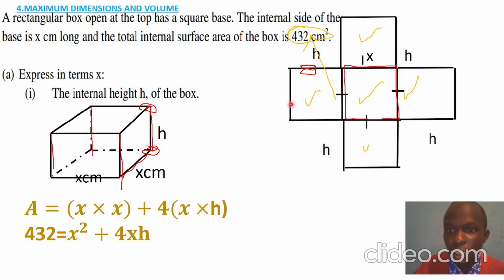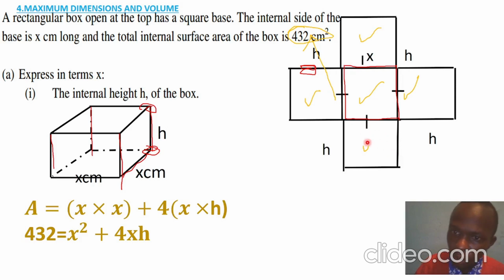Look at this and this. So how many are they? 1, 2, 3, 4. So there are four shapes which have the same dimensions. So that means the area of all of these four is just the same as 4 times the area of one particular shape. Now what is that shape?